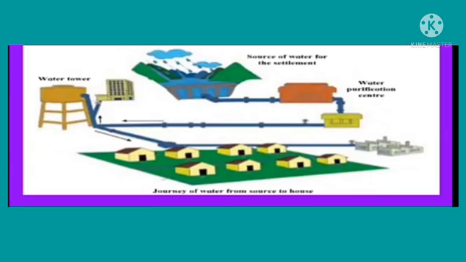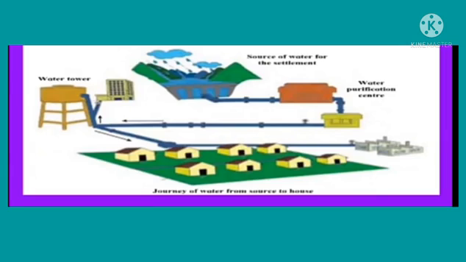According to need, water is released from these tanks through big pipes. This pipe branches out into many smaller pipes which lead the water to different areas around the large water tank.